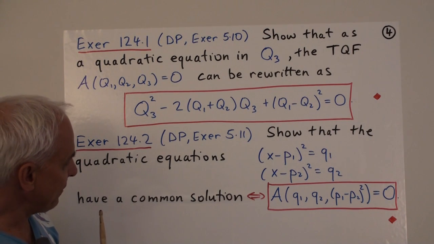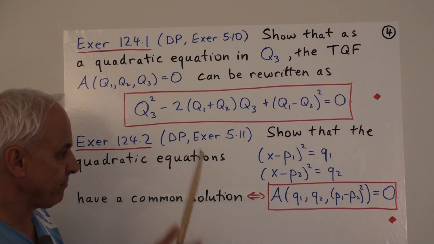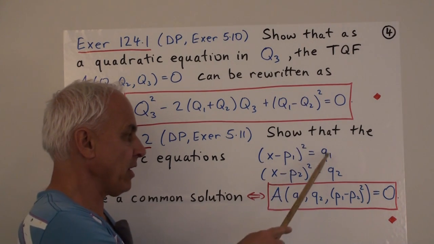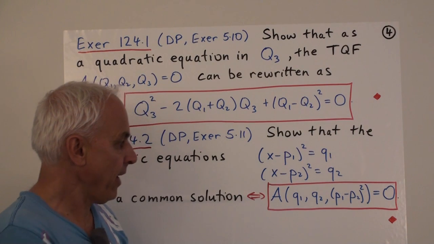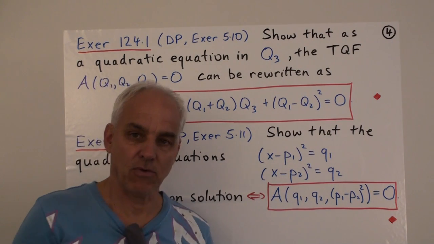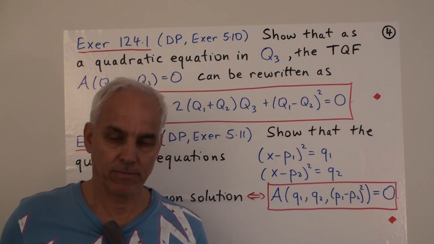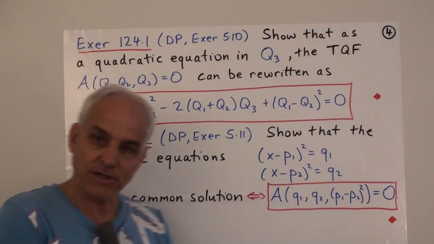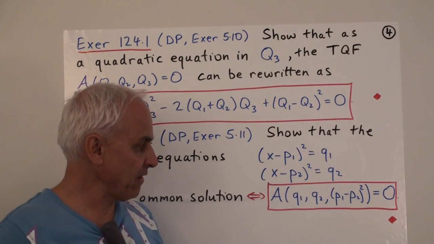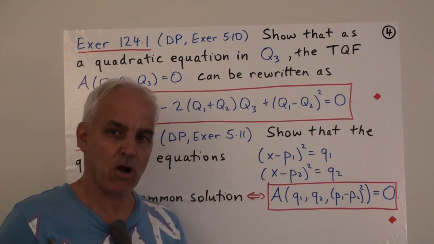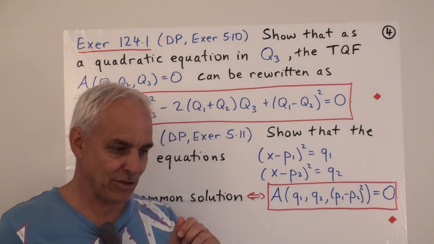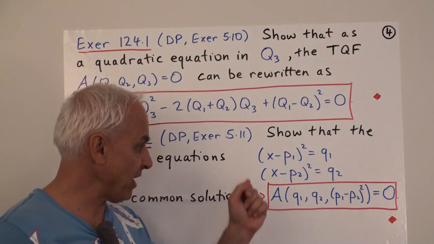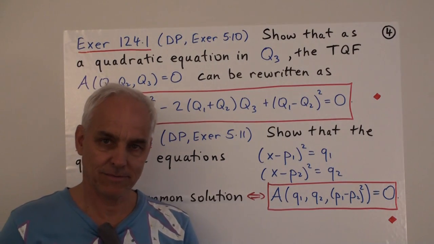Show that if we have these two quadratic equations, x minus p1 squared equals q1, and x minus p2 squared equals q2, and p1, p2, q1, and q2 are just some arbitrary numbers. So if we have two quadratic equations, it can be interesting for us to ask, when is there a common solution? When is there an x that satisfies both equations?